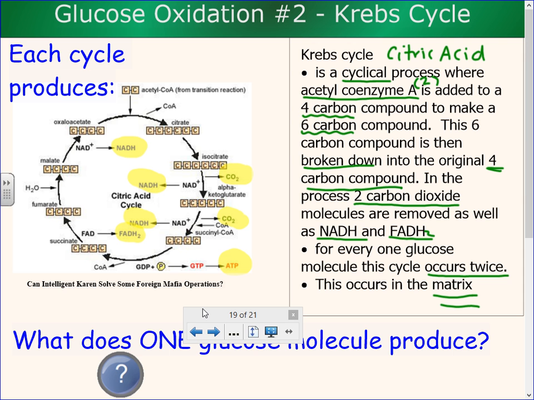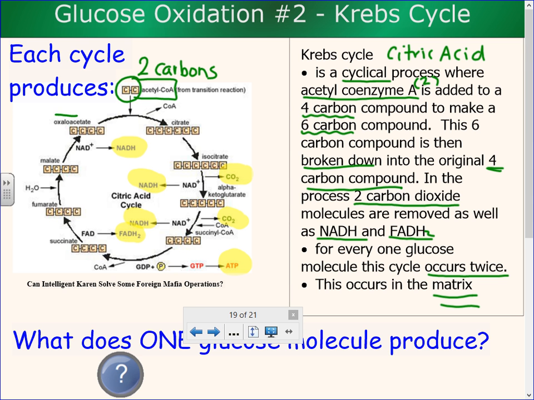So I'd like to highlight some points of this cycle, and these are the points that I would want you to know as well. You'll notice I'm not going to ask you to know the names of the compounds, but simply what's happening to them. I start up here with acetyl-CoA. That's probably the only name you really need to know because it came from the step before. It has 2 carbons.